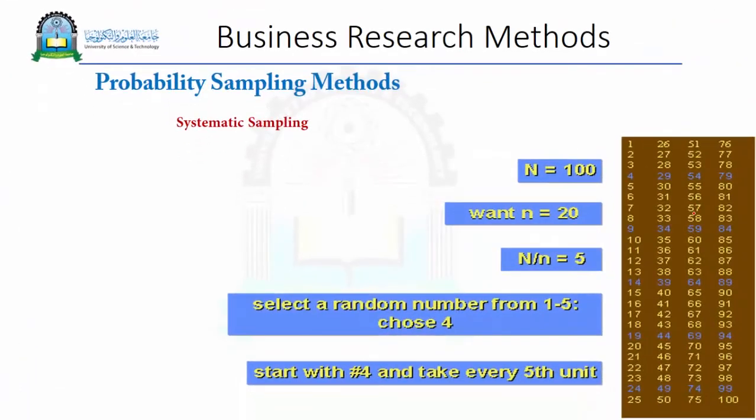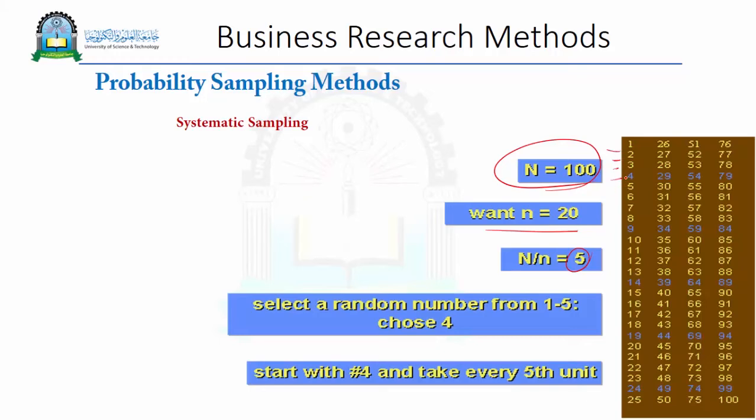So the population list size divided by the predetermined sample size gives me the SI. So how to draw this sample? As I have just explained, if the population is 100 and I want 20 as a sample, 100 divided by 20 gives 5, which is the interval. So I might start with 1, 2, 3, or 4, but not with 5.